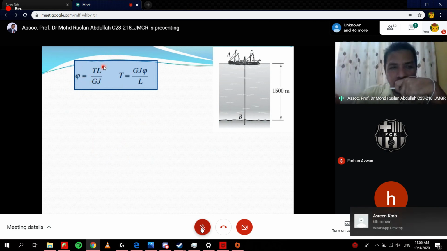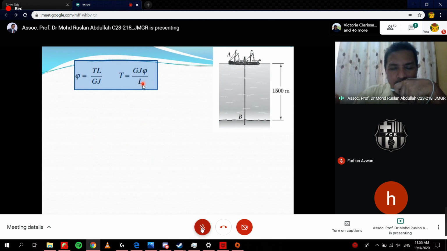We can rearrange this formula, so T equal to JG theta over L. And then we also have the formula tau equal to TC over J. We can combine them, because this T is equal to that T. We just put the T from here into here.